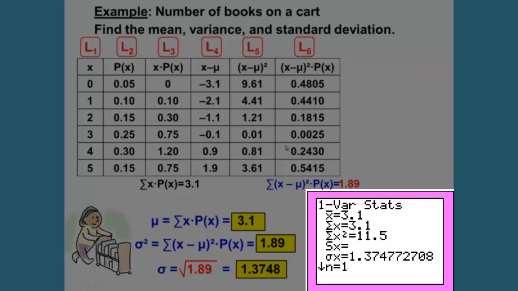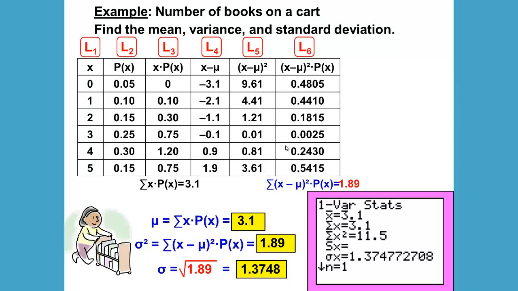When you press enter, you will see the screen shown here, and we are looking for the mean and standard deviation. The calculator will not give us the variance. The calculator uses X bar for the mean, and it is 3.1 and matches our mean.